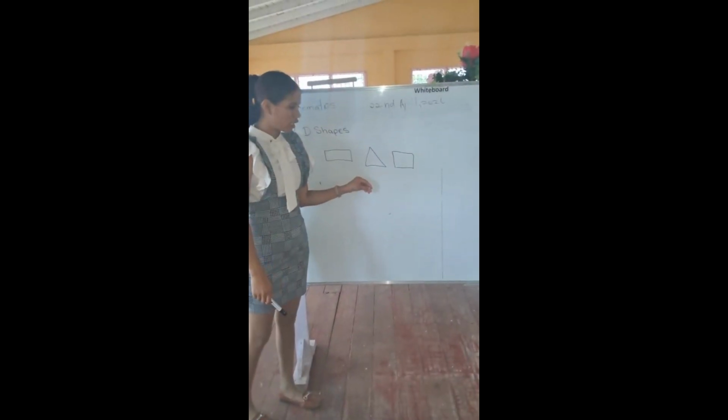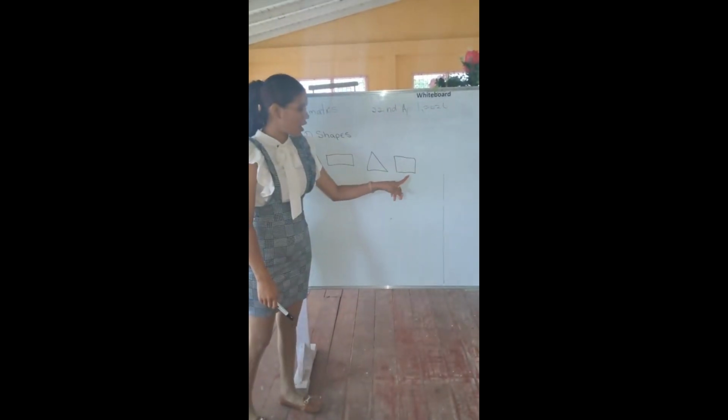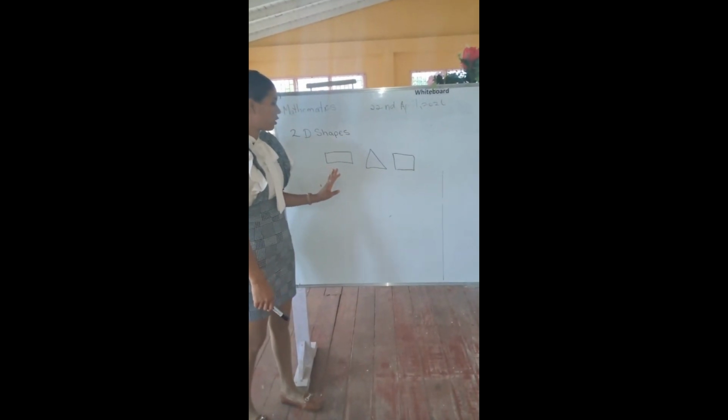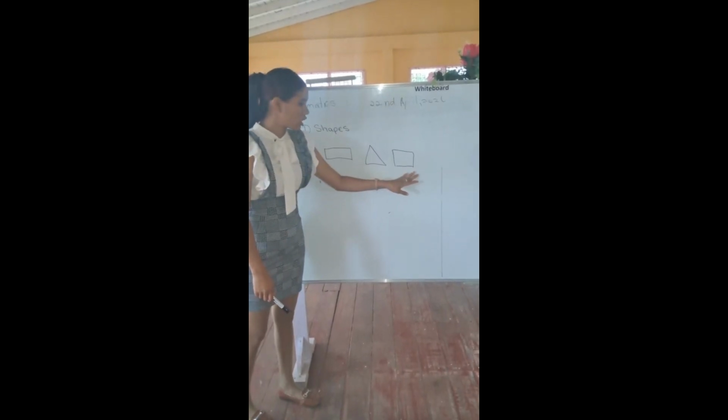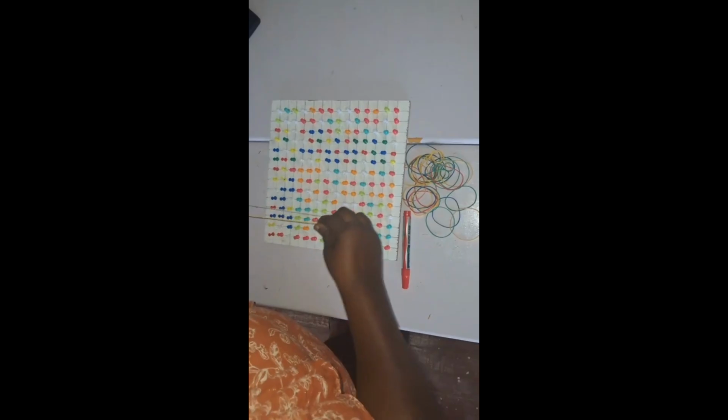shapes, on the geoboard. And here we have a rectangle, triangle, and square. Now we are going to make these 3 shapes on our geoboard. So here we're making the rectangle, 2 long sides, 2 short sides. So we have long side, 9.